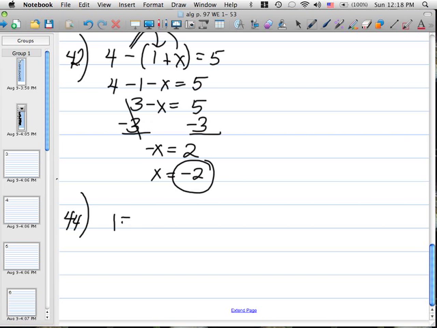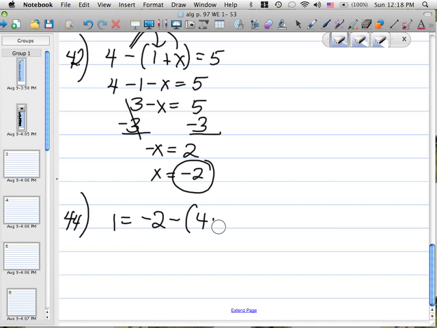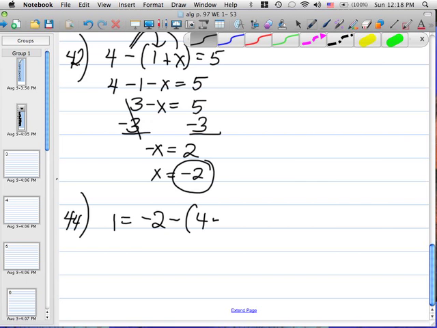Number 44. 1 equals negative 2 minus the quantity 4 minus w. Get rid of the parentheses. Simplify the right side by distributing the opposite signs. So the opposite of 4 is negative 4, or negative times positive 4 is negative. And a negative times a negative w is positive w. Still need to simplify the right side.